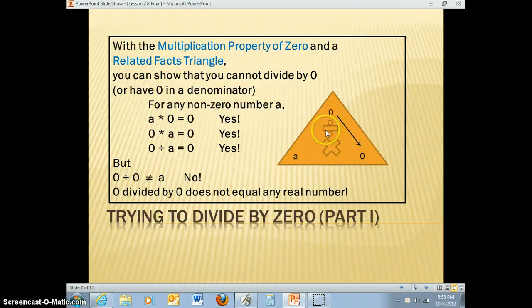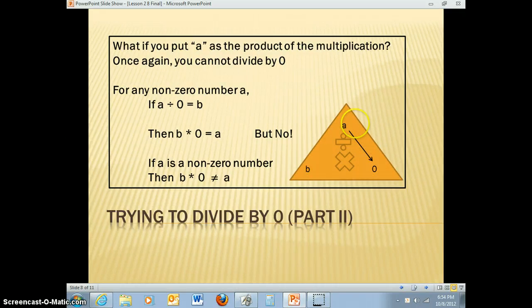That's 0. That works coming this way. Here's the guy that doesn't work. 0 divided by 0 equals a. That's not working because a is any real number. 0 divided by 0 doesn't give me a real number. It doesn't give me 5 and 7 and 11 and negative 22. Those are all real numbers, okay? So that guy doesn't work.